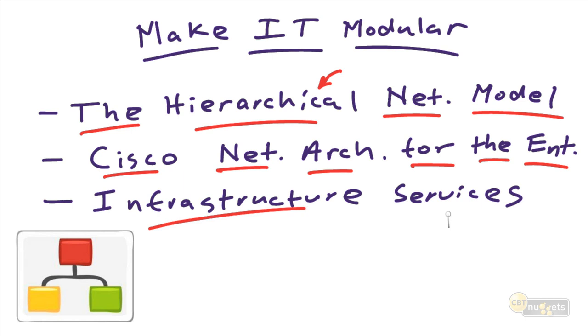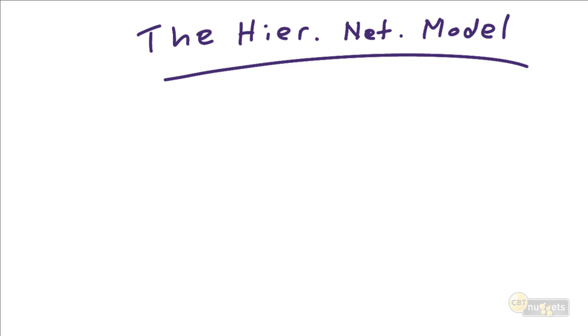And then we'll take a look at infrastructure services like voice over IP and security and wireless. And we're going to see how we can take a modular approach to the design of those network services as well.